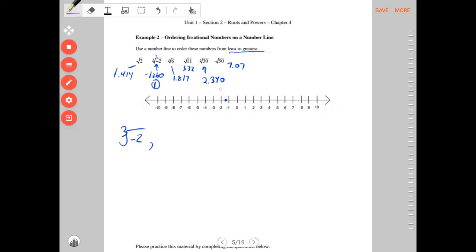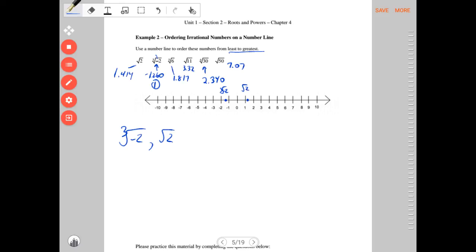Okay, and that is the cube root of negative 2. So you put that on like so. Okay, now who's next? So we've got 1.4 and 1.8. Okay, so the 1.4 is next, so that's root 2. So 1.4 is about there. So that's our root 2.